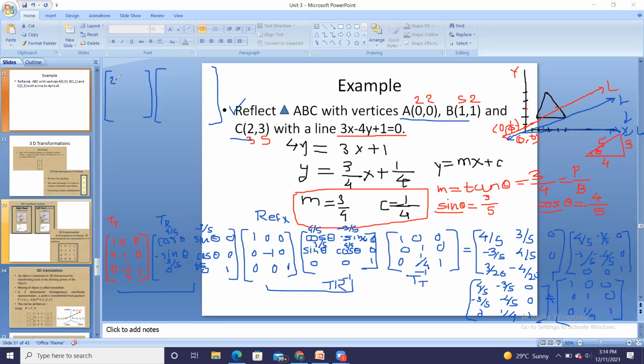So here I am having ABC triangle as 2 2 1, then 5 2 1, and then 3 5 1. Okay. Now perform this multiplication. 4 by 5 into 4 by 5. First row, first column. That is 4 into 4, 16 by 25 minus 9 by 25.